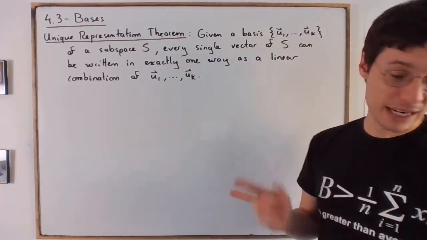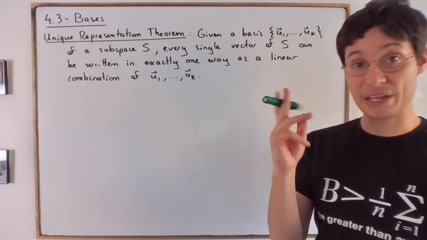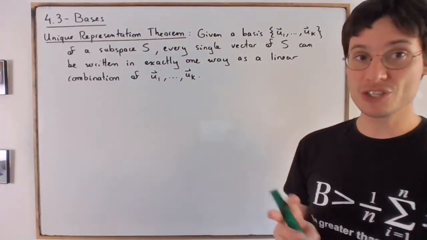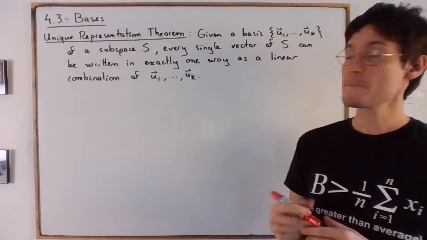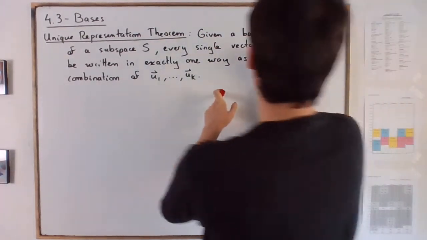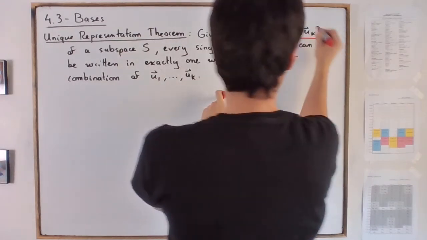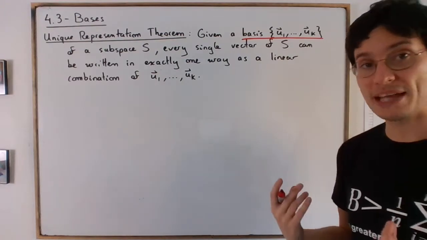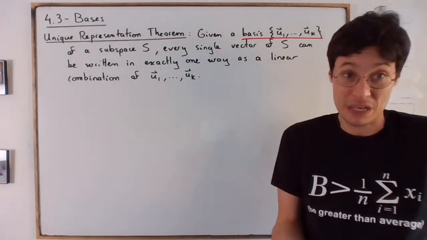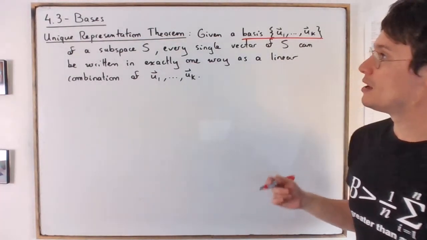Let's go through with a highlighter just to highlight what's important. First of all, it applies to a basis. So if this set U1 until UK is a basis, sometimes we call them B1 to BK, B for basis.